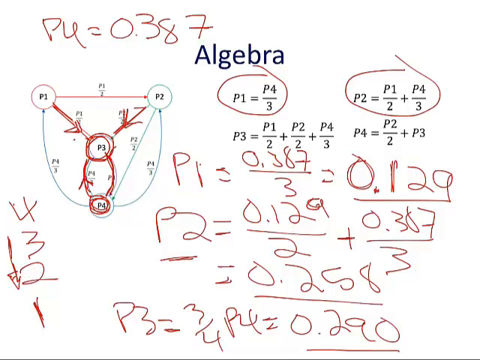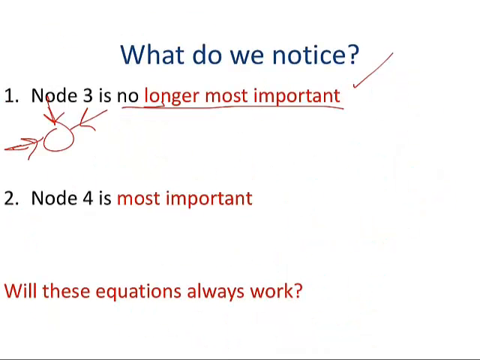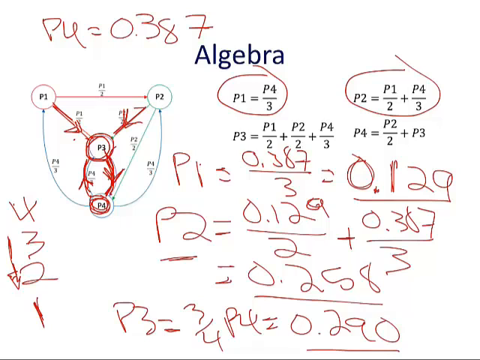But perhaps the most important point is that now node 4 is the most important. And as we saw in the previous figure, node 4 has one link from P3 and also one link from a very non-important link from P2. Well, that means that P3 is pushing all of its importance score directly to P4.